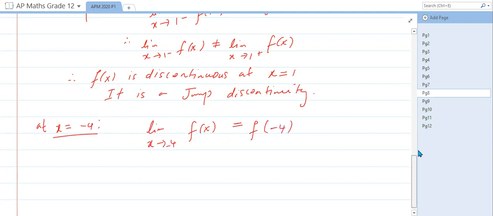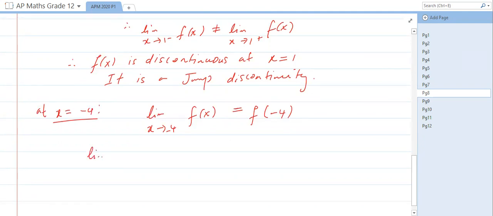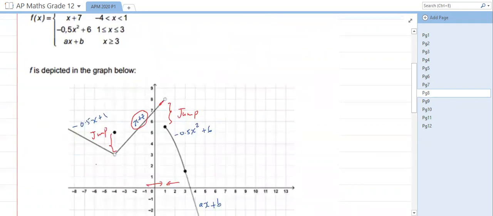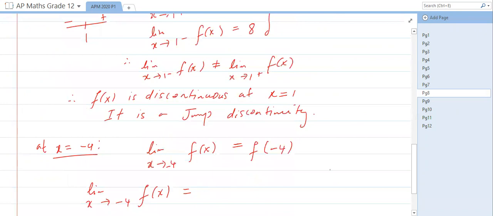Now we can see that the limit as x approaches -4, whether from the left or from the right, we are reaching the same y value, which is 3. So let me just substitute -4 in here. -0.5 times -4 is 2, plus 1, which is 3.